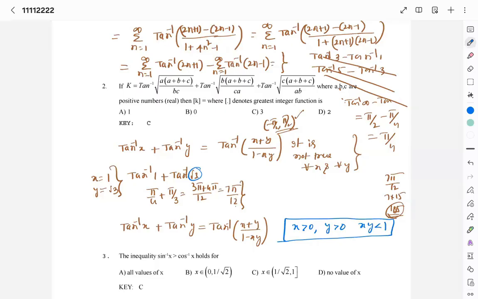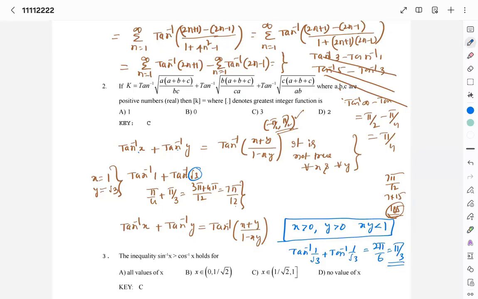For example, you take 1 by root 3, 1 by root 3. Tan inverse 1 by root 3 plus tan inverse 1 by root 3 is 30 plus 30, that is 2 pi by 6. You get pi by 3. The right-hand side, pi by 3, is within these limits.